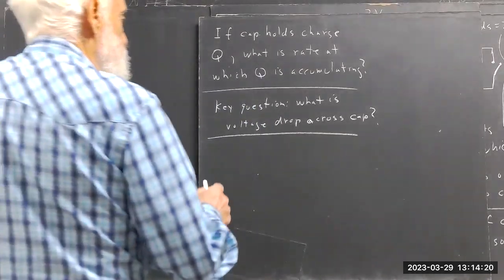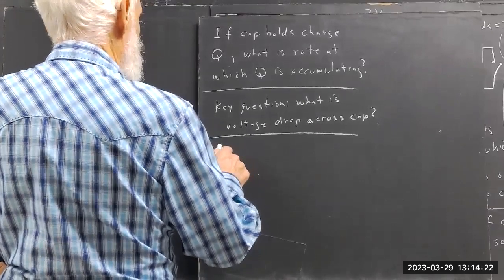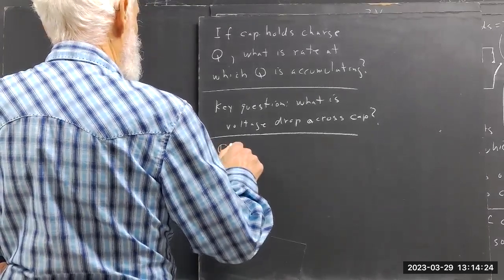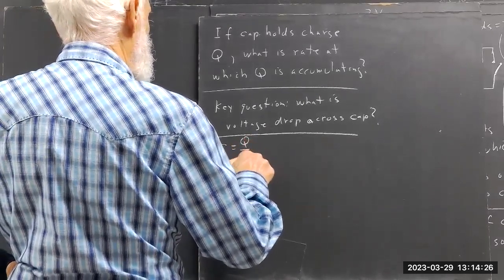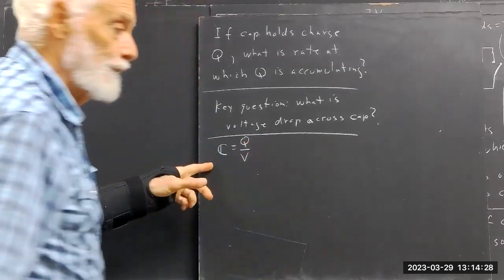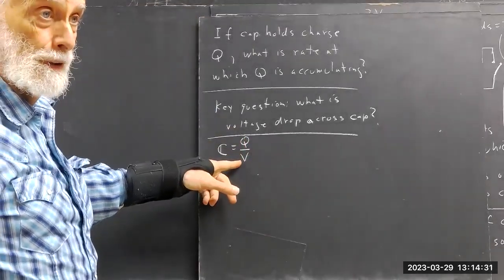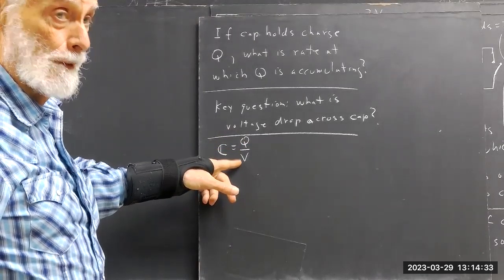Well, then, the definition of capacitance is charge per unit of potential, charge per volt.